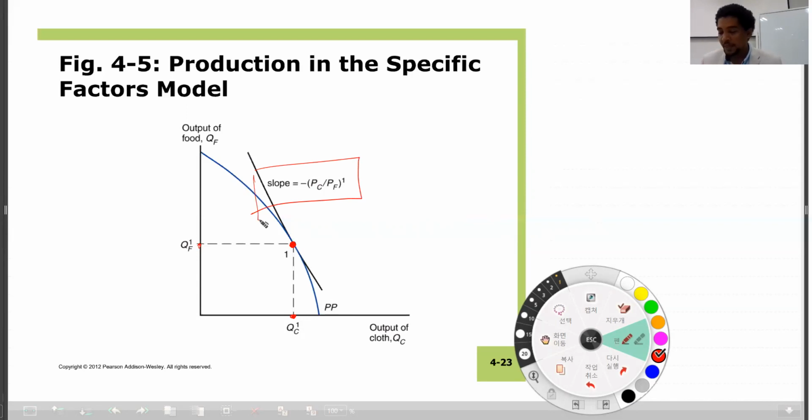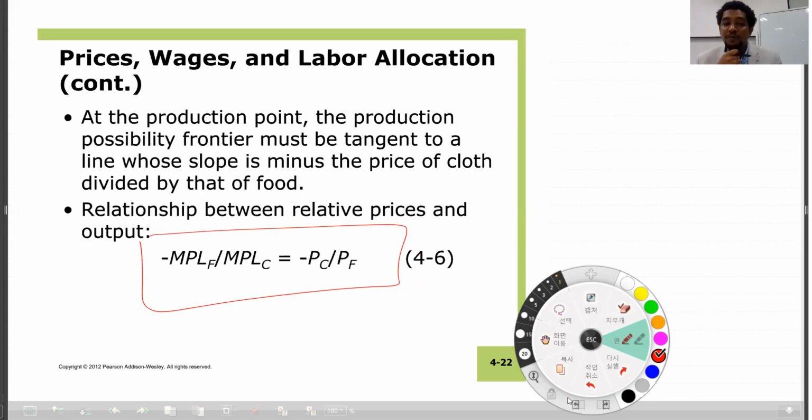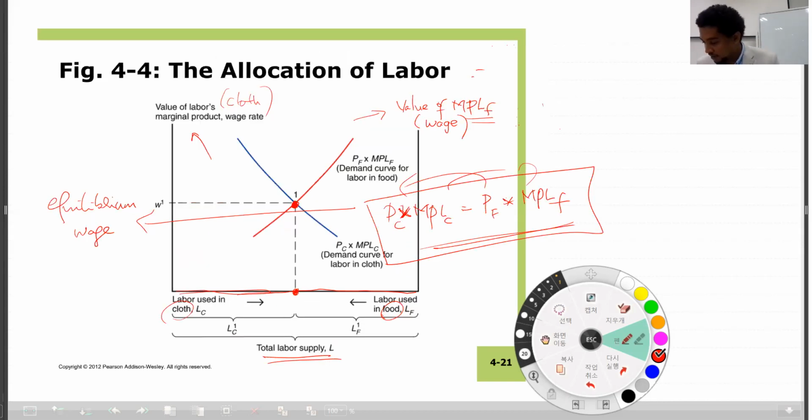So the slope is PC over PF, and it's negative, right? Just like we computed the slope in the previous chapter, it's the same way we compute the slope for the specific factor model.